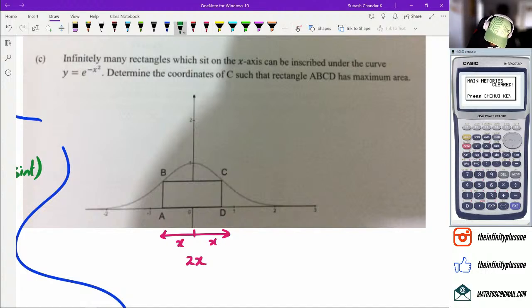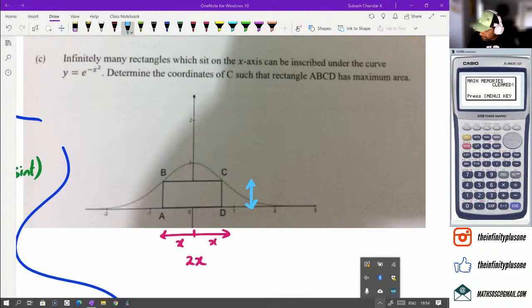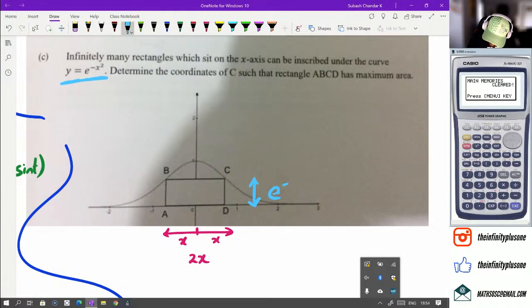And as for the height, I need a different colored pen. That's going to be the y value itself. So it's going to be e to the power of negative x squared.